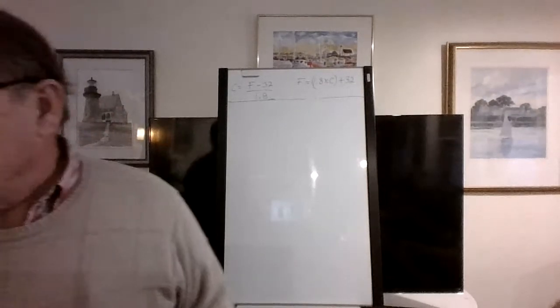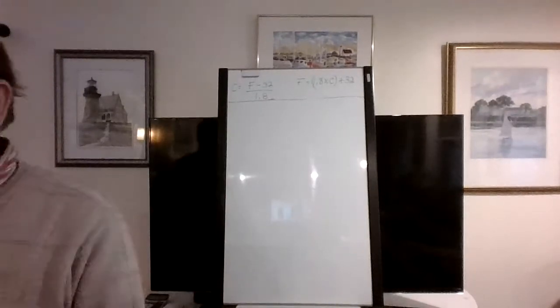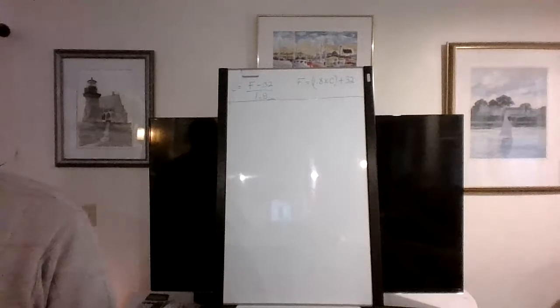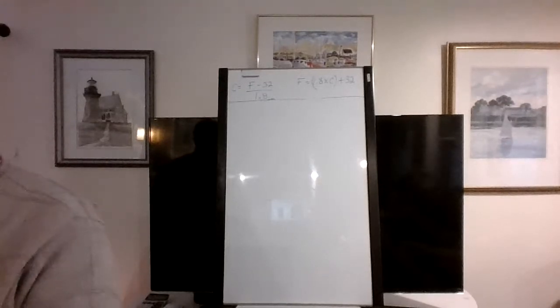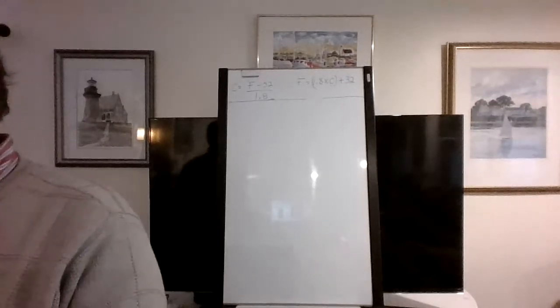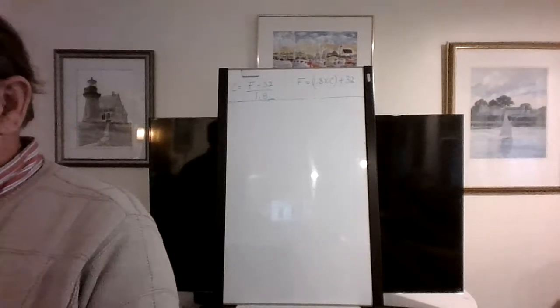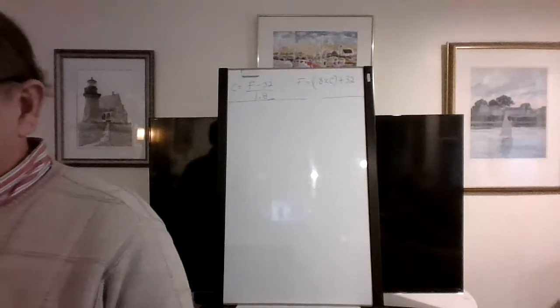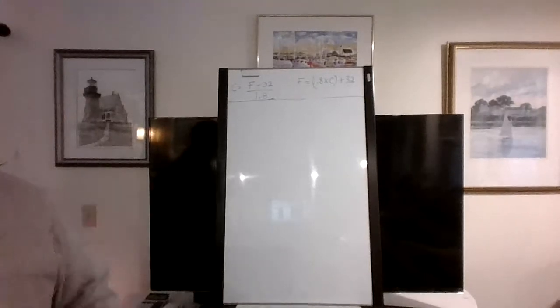Question number 19 is, you've got 85 degrees Celsius. So what's the Fahrenheit going to be? All right, so that means you're looking for Fahrenheit. So what do we do? All right, let's put this one down.